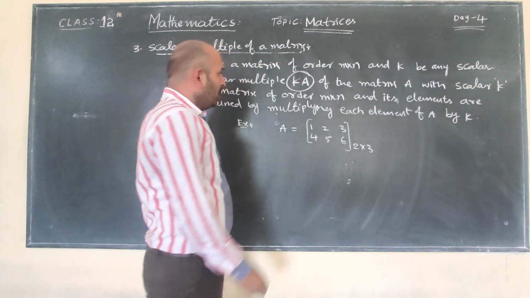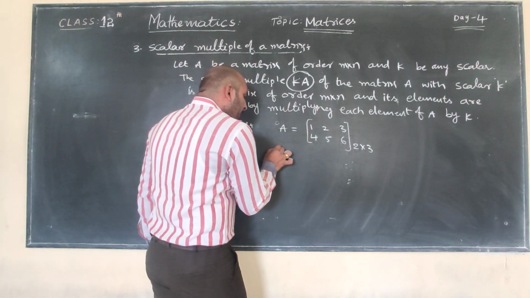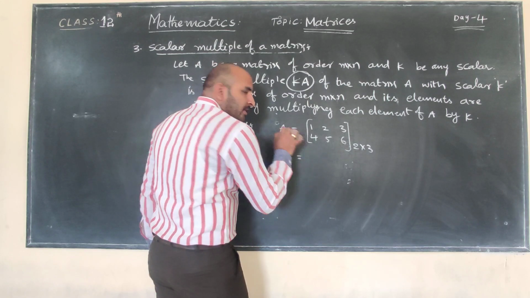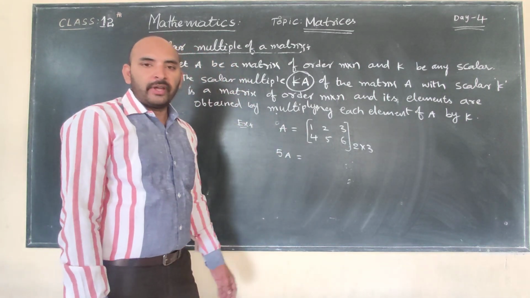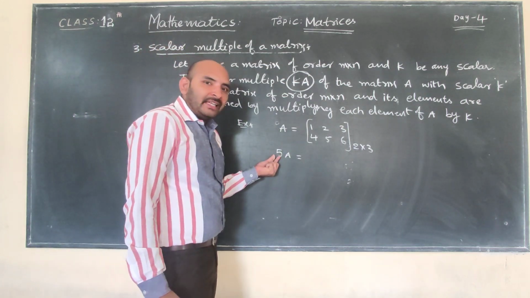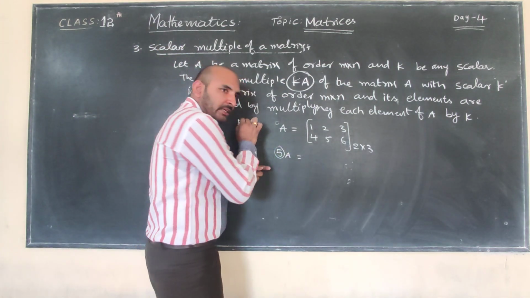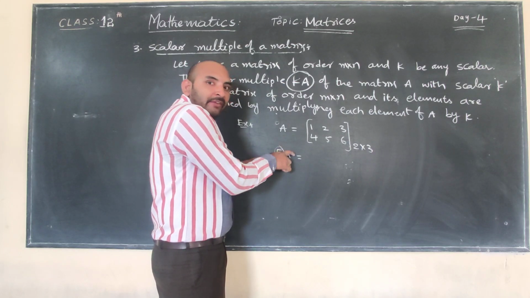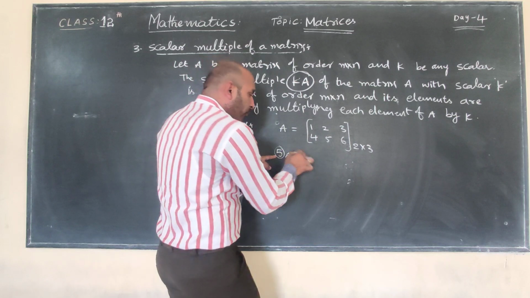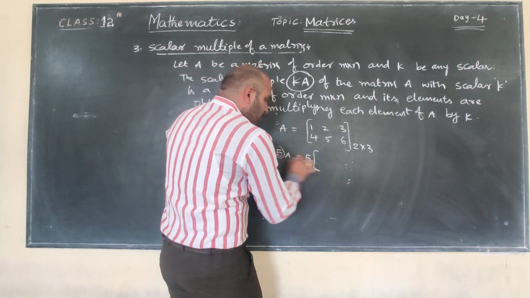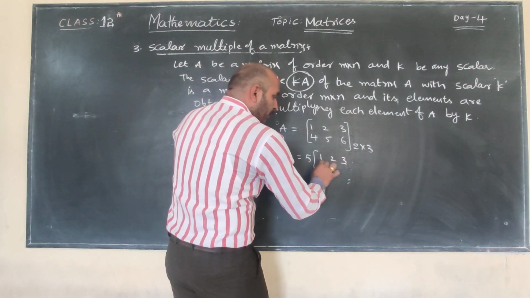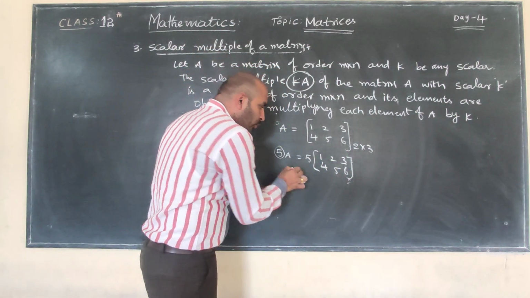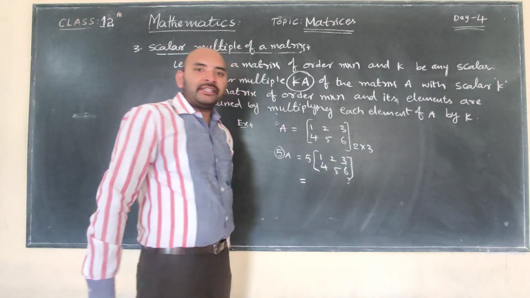I want 5A. Here 5 is nothing but the scalar. Remember, 5 is a constant term multiplied with the given matrix A. So 5 into A is 5 into the matrix 1, 2, 3, 4, 5, 6.